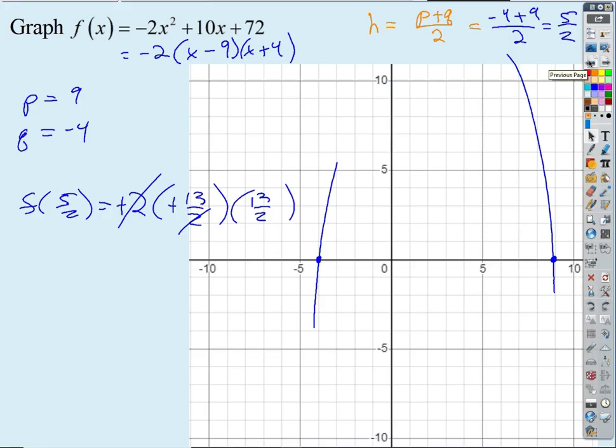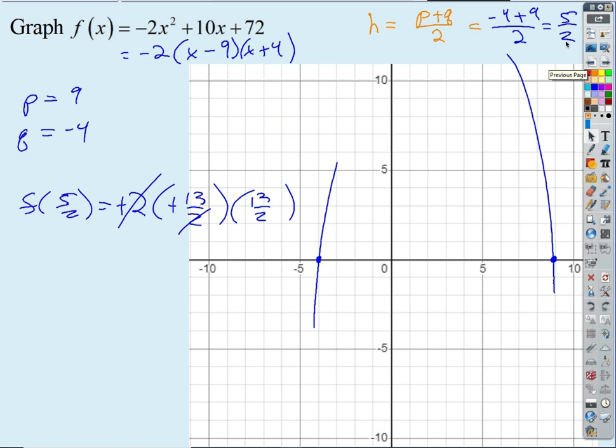If it's easy to factor, probably the easiest way to do it is by just factoring it. And I know that p would be 9 and q would be negative 4, right? Those are my x-intercepts. So if I know 4 and 9 are my x-intercepts, then the average of those two gives me the x-coordinate of the vertex, right?